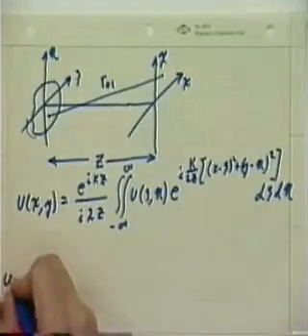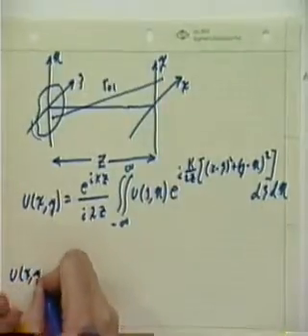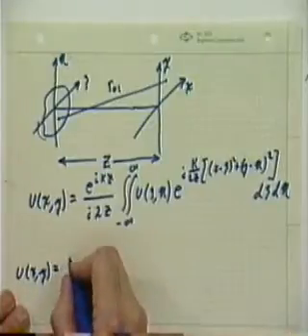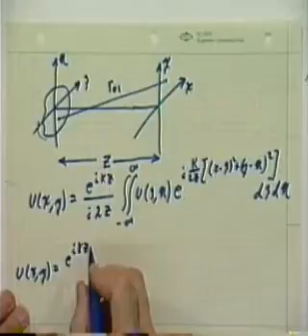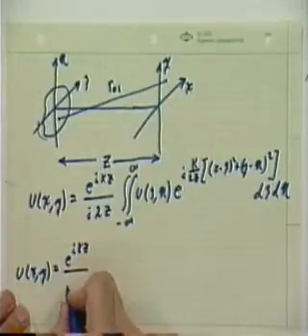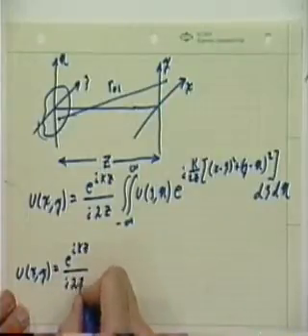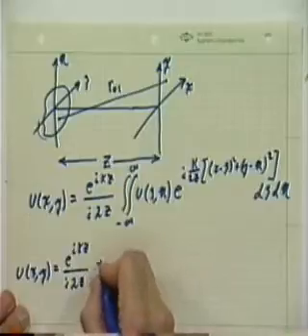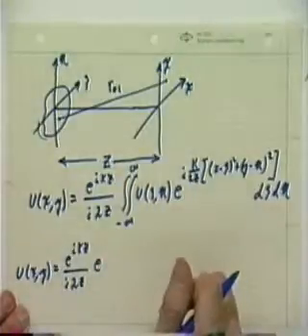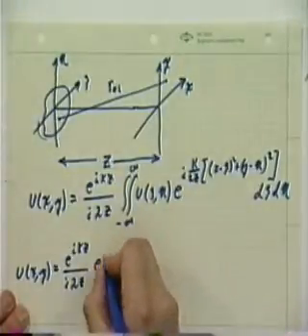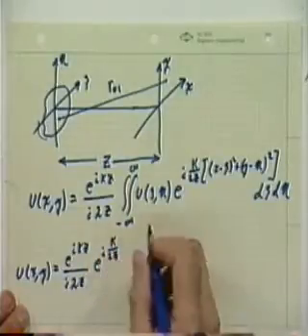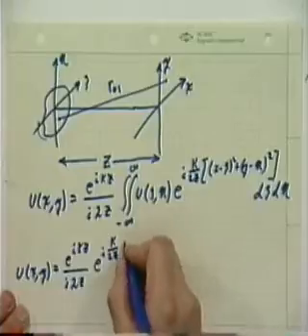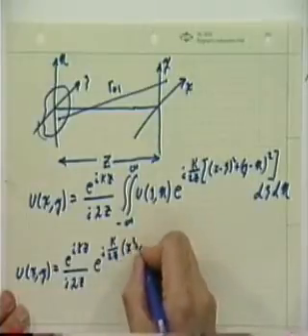And we had that u of x and y was equal to e to the ikz over i lambda z. And then the portion that we could take out was e to the i k over 2z, the x squared plus y squared.